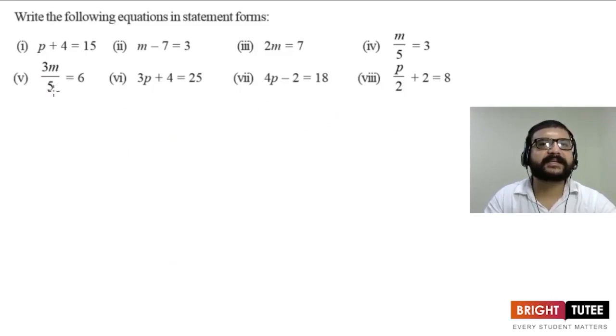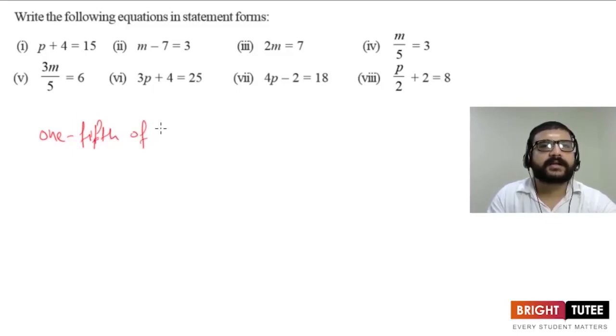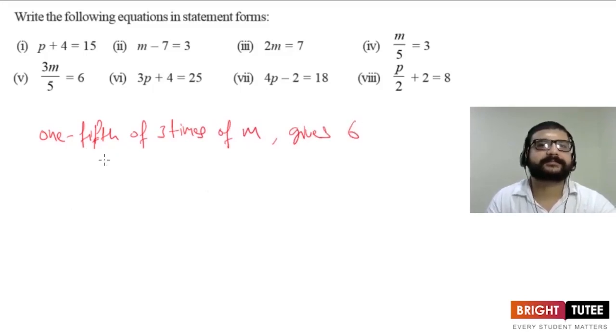So it is basically 1/5 of 3 times of a number gives us 6. So let's write it. 1/5 of 3 times of m gives 6.